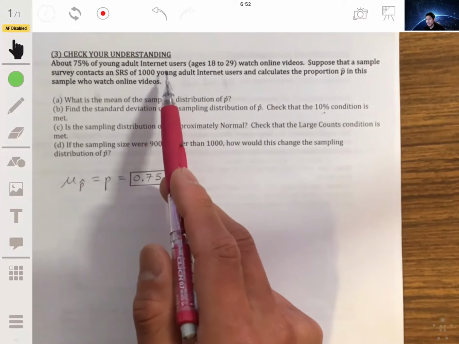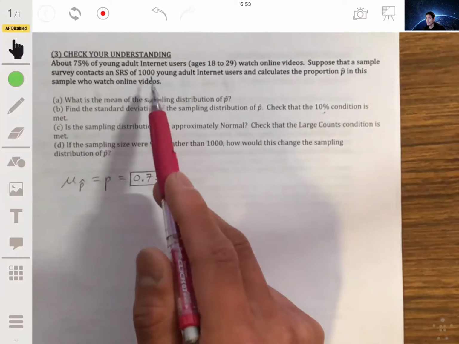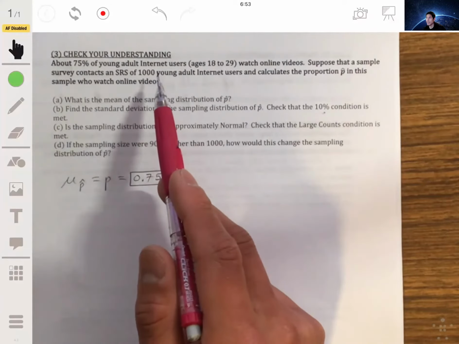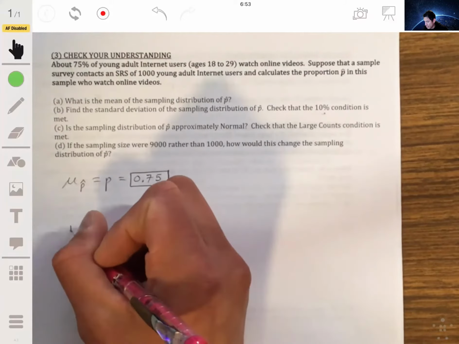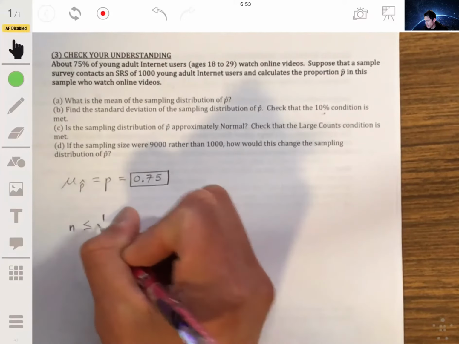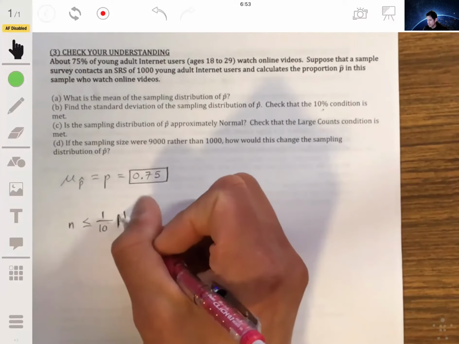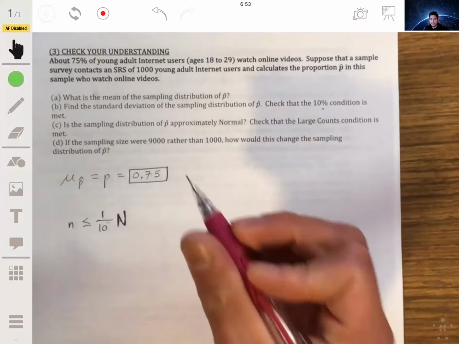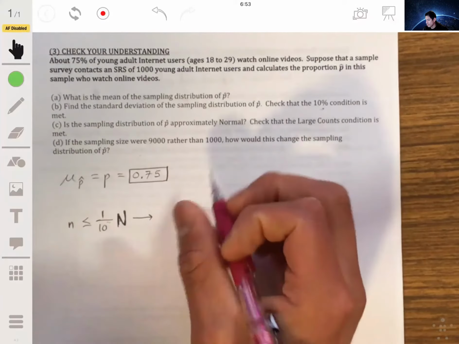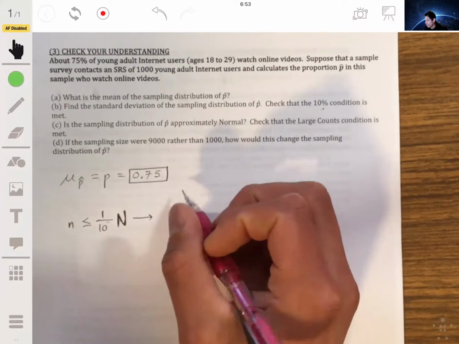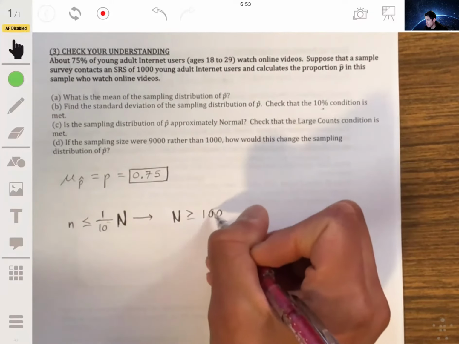We can say reasonably that there are at least 10,000 of them, so the sample is less than 10% of all the internet users. We would write this as n is less than or equal to 1/10 of the population size N. So we're basically saying that N, the population, is at least 10,000.